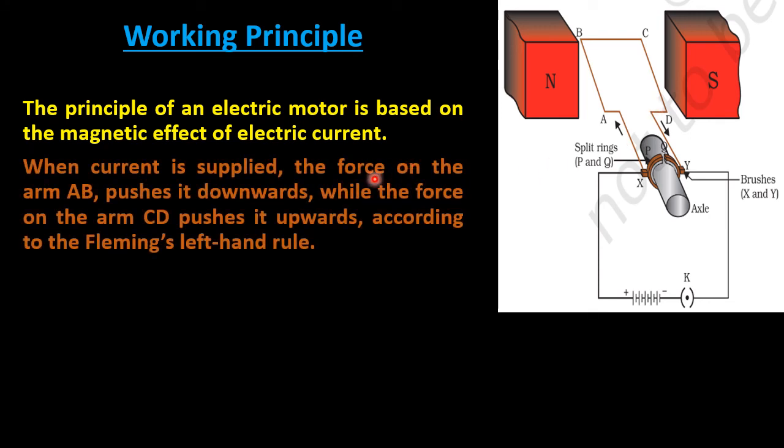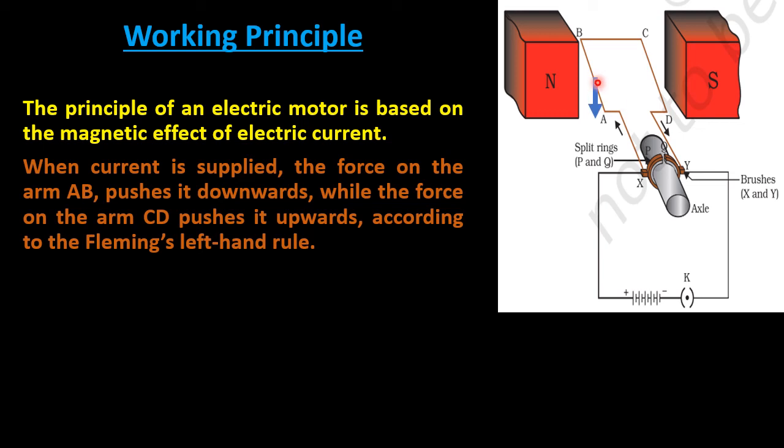When the current is supplied, the force on the arm AB pushes it downward. So this AB part of the armature will be pushed downwards by the force, while the force on the arm CD pushes it upward. So here it will be downwards and here it will be upwards, according to Fleming's left-hand rule.